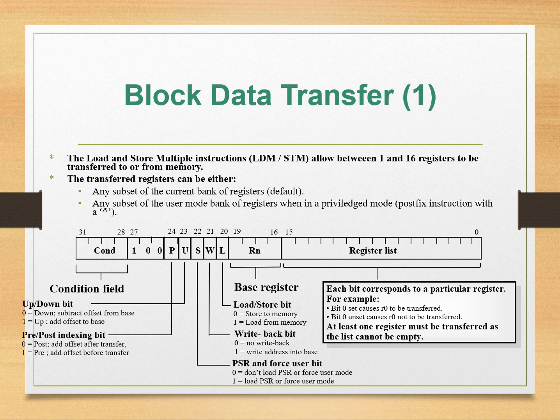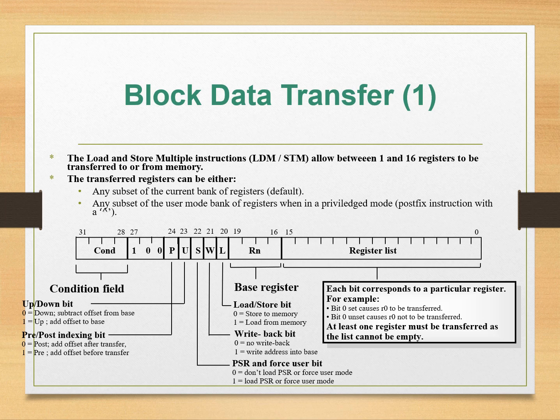If down, it means subtract offset from base by one. If up, then you add offset to the base by one. This is the base register, which one is being used. Either it is load or store.